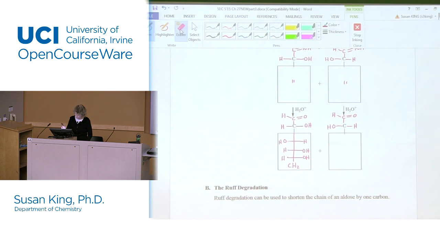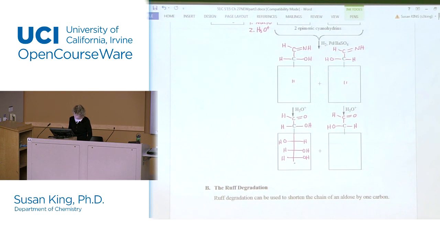And you'll recognize that as glucose, D-glucose.